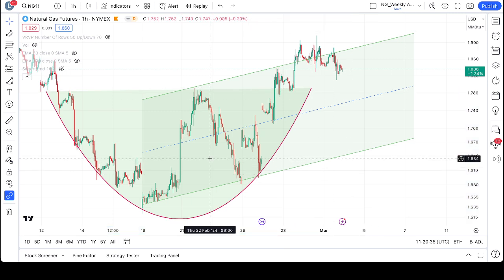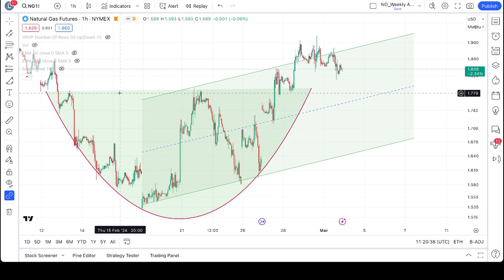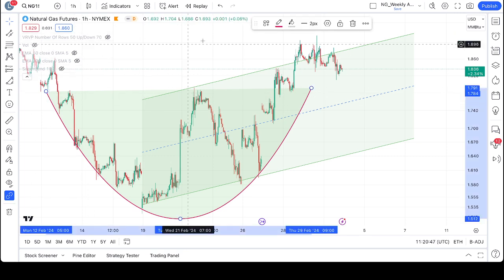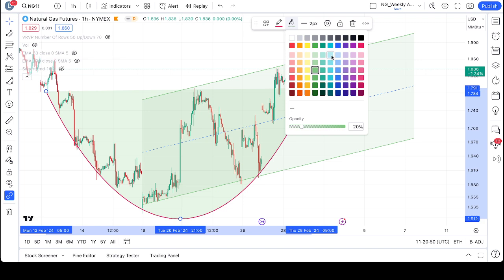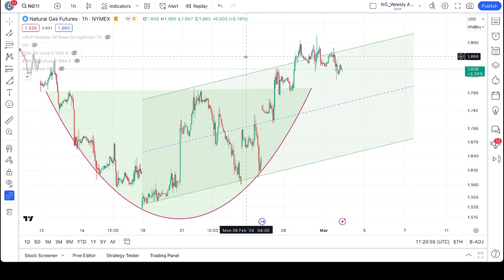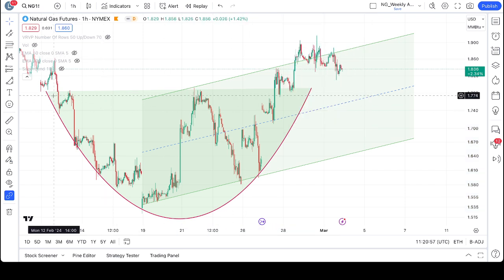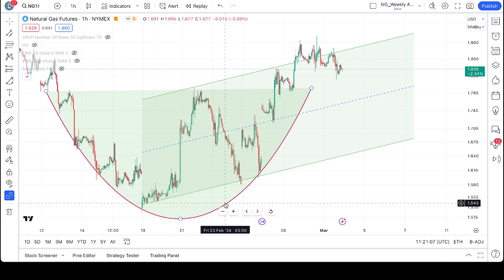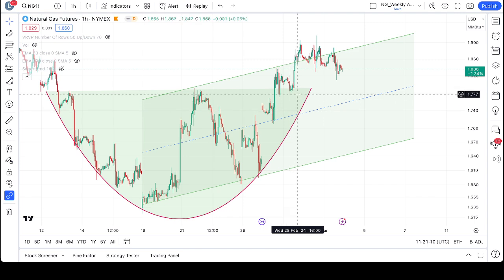This is clearly an accumulation phase which we are trying to highlight via the arc. So let me make it a different color here. Clearly you can see this is an accumulation phase. So buyers are trying to accumulate as and when they get a good chance here, and then eventually we can see the markets coming out here.